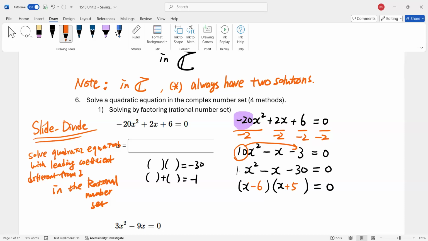I think you should know how to do that. One of the announcements I posted is about watching my videos from Foundation 2. And I pointed out you need to know how to factor for this course. So -6, +5, multiply to -30, add up to -1, right?